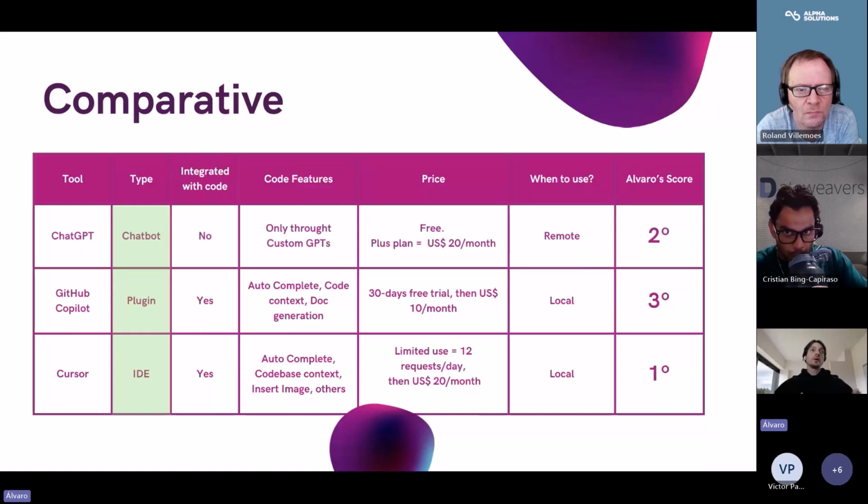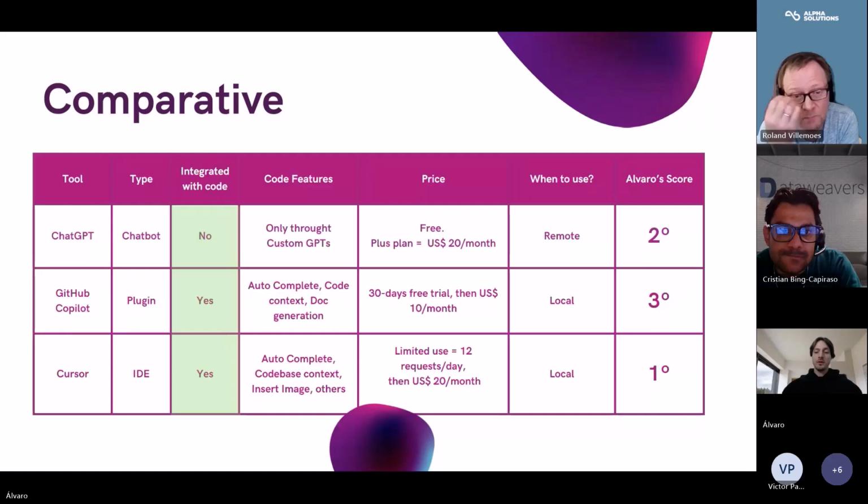Starting with the type, okay? ChatGPT is a chatbot, GitHub Copilot is a plugin, and Cursor is an IDE. Which ones are integrated with code? ChatGPT is not integrated, but GitHub Copilot and Cursor are.